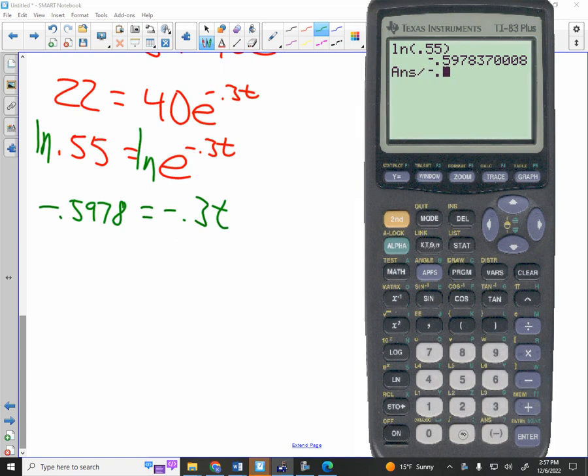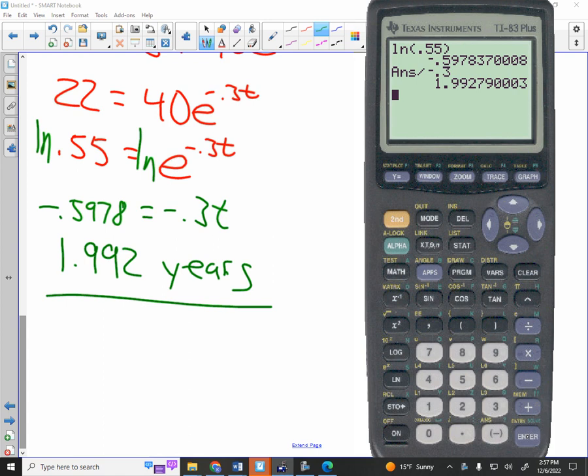Divide by negative 0.3, and we get 1.99. So at 1.992 years, that's when the population hits 8,000. And that fits, it's between the 0 and the 10 that we thought. That is the last problem that you have from this unit.